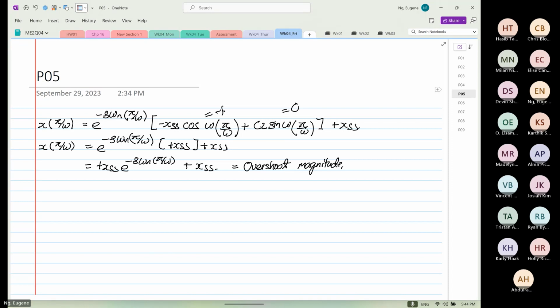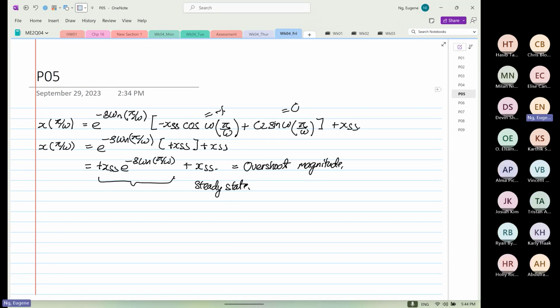So this is the steady state, and this formula over here is the overshoot, or the overshoot from steady state.